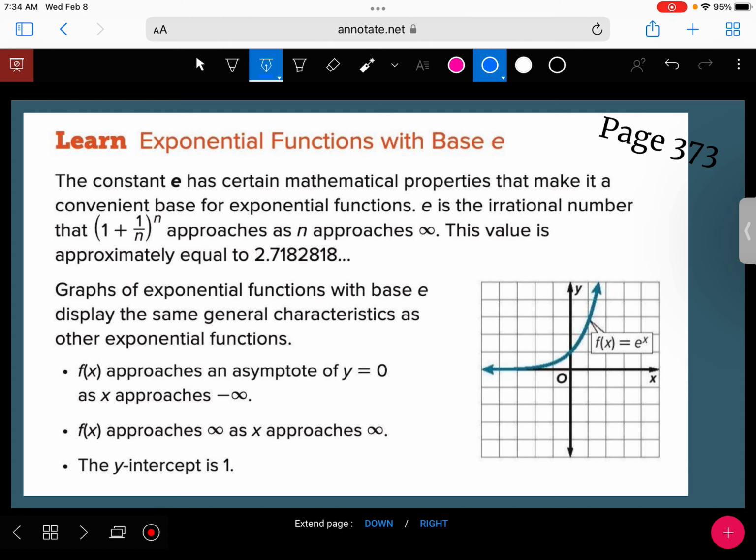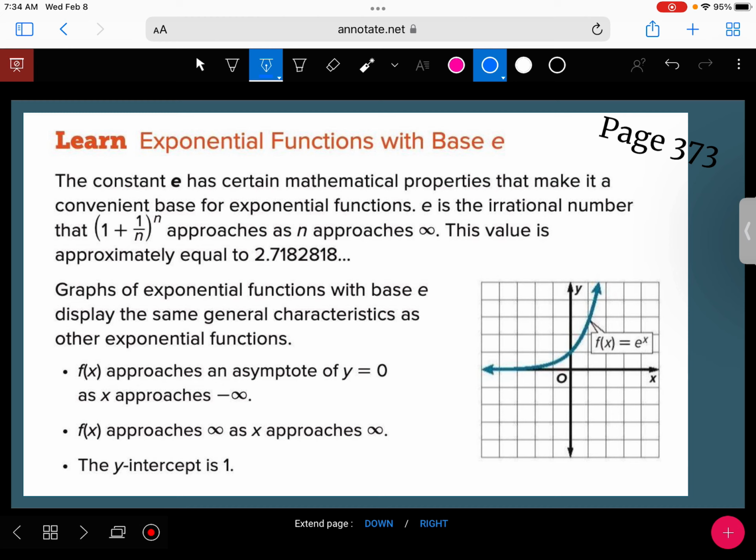So, graphs of exponential functions with base e display the same general characteristics as other exponential functions. As you can see in our graph on the right, it looks very similar to all of the exponential growth functions that we had been looking at last week, okay? So f of x approaches an asymptote of y equals 0 as x approaches negative infinity. That's what we were talking about with our end behavior with our exponential growth functions.